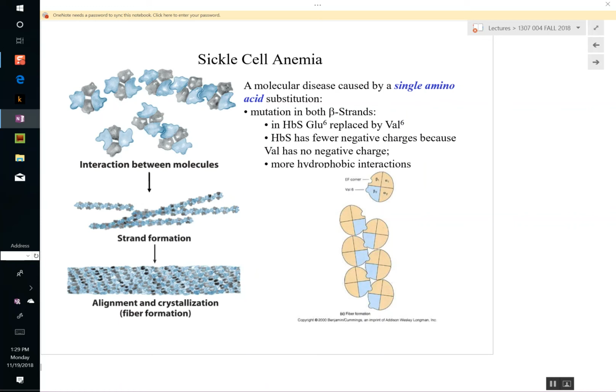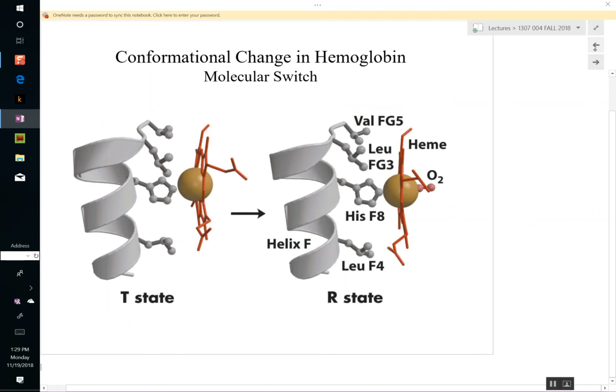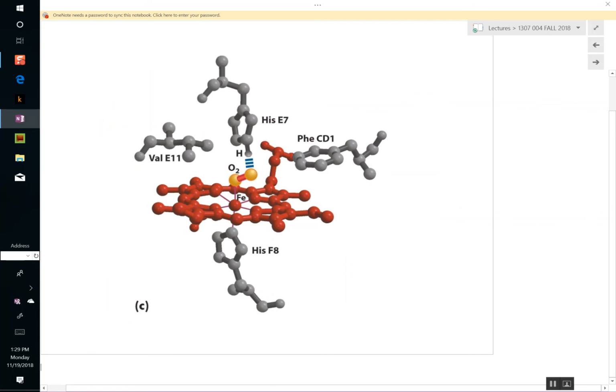I want to use that as an example, because you could go to 1,000 other proteins and see where that active site is, and we'll do this after the exam Wednesday. Next Monday we're going to look at some enzymes and look at their active sites. That's what we're looking at with hemoglobin here. We're looking at its active site.